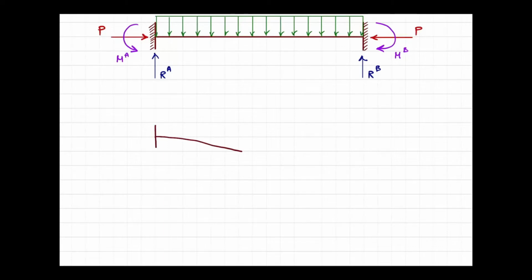We have no idea where the inflection point is, or where the positive or negative curvature locations are, but from our assumption we should be setting up everything consistently and be able to come up with the right solution. So what do we have?